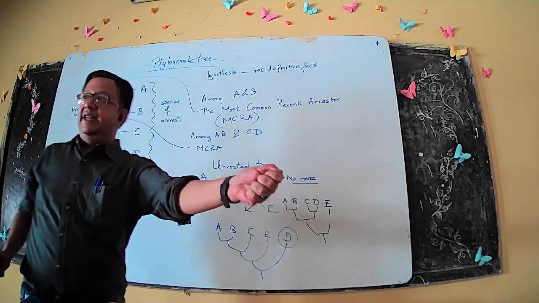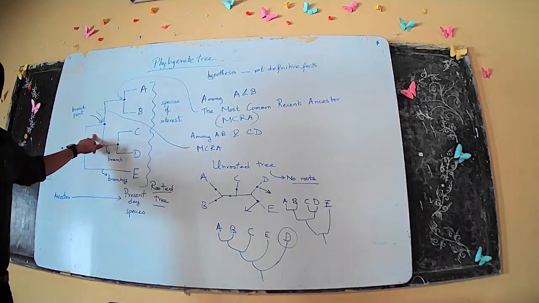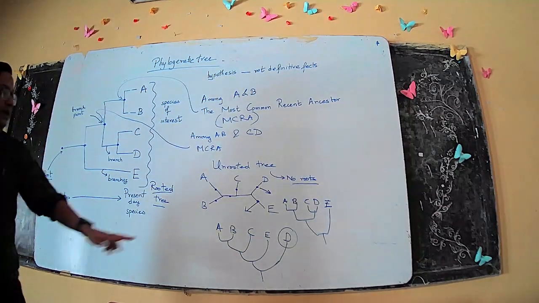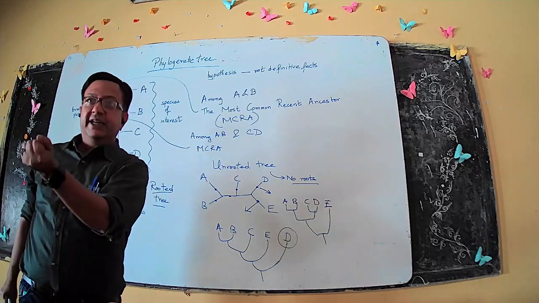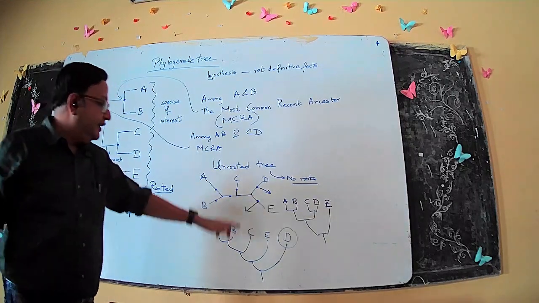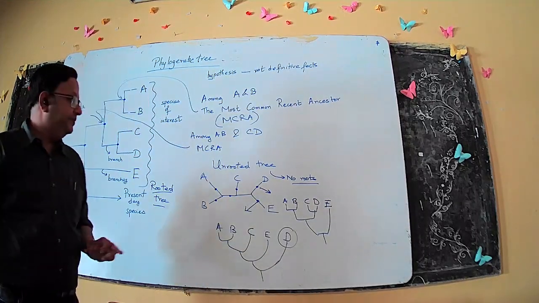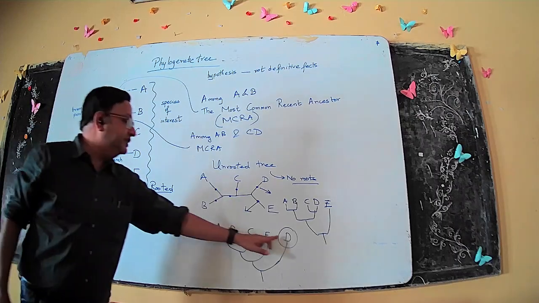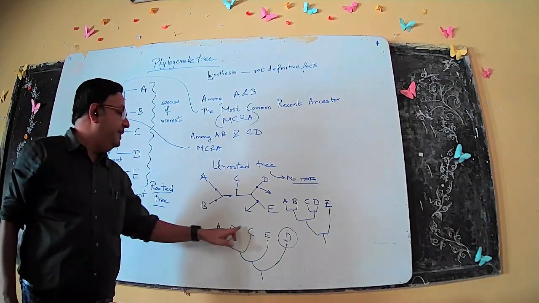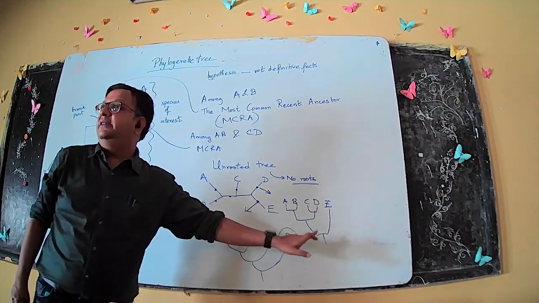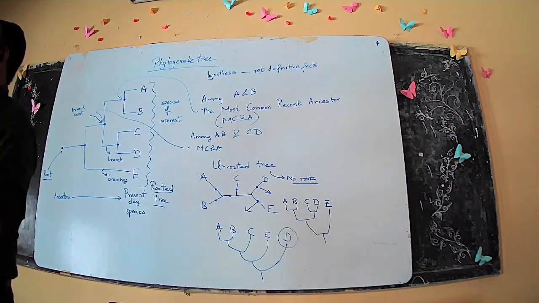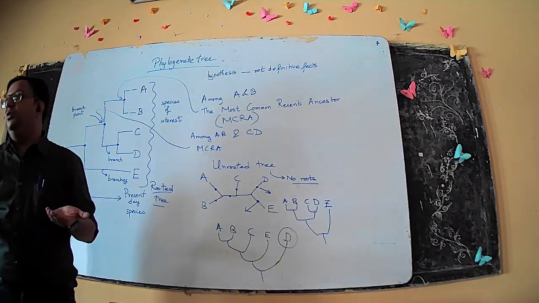You are trying to make it like this. You are making a root from here. If you pull, D comes outside. Similarly, if C is the outlier, A, B, D, E stay together and C will come outside. So this is how you convert an unrooted tree into a rooted tree.